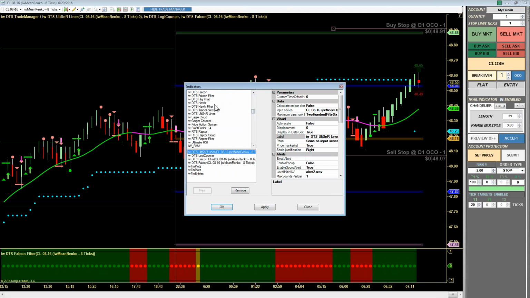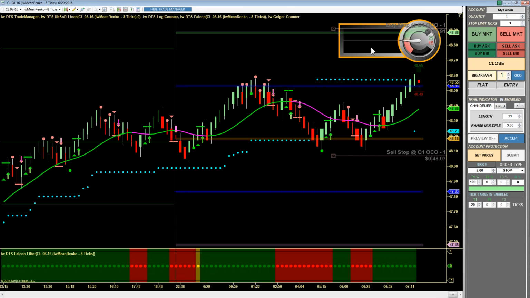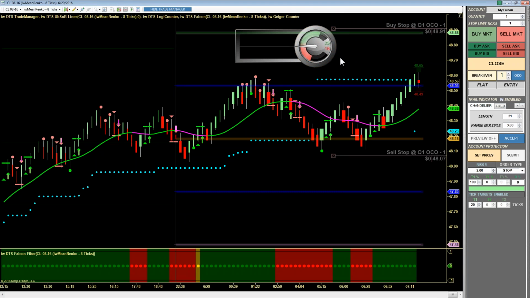So I'll pull down here to my IW indicators, Geiger counter. Let's add a Geiger counter to the chart so we can watch the order flow. And if the market gets back here toward the middle somewhere, I will definitely bring in my entry stop, my buy stop.